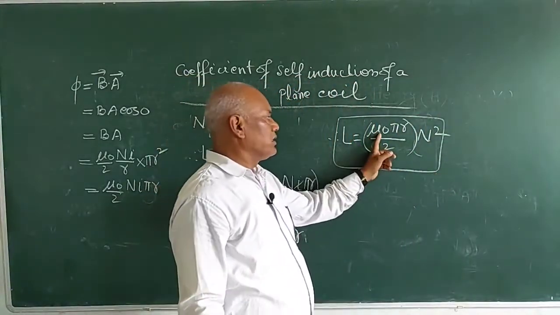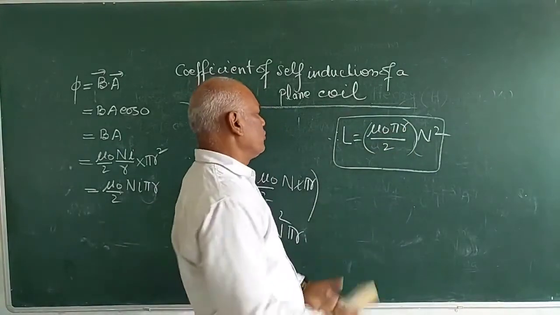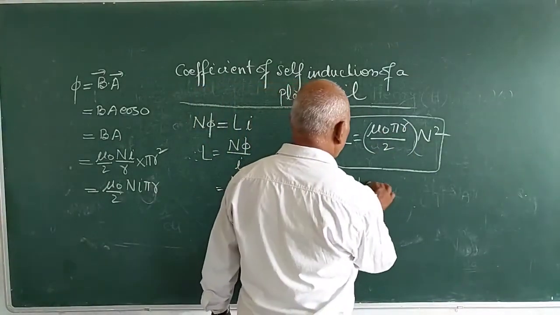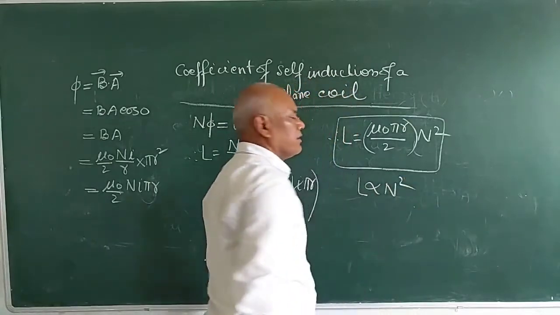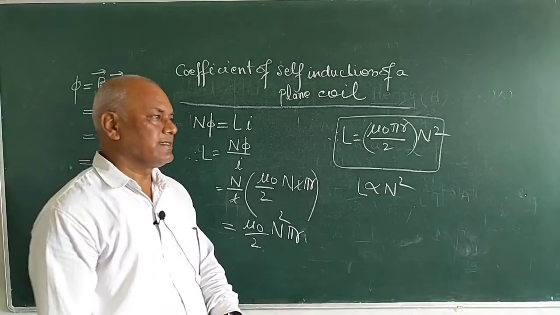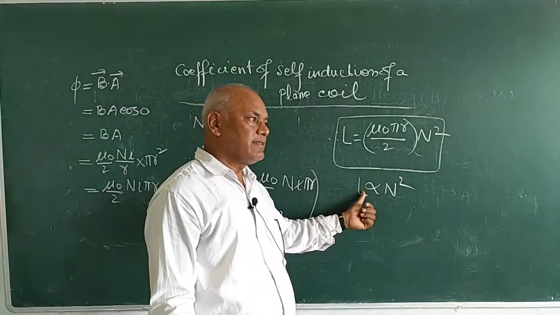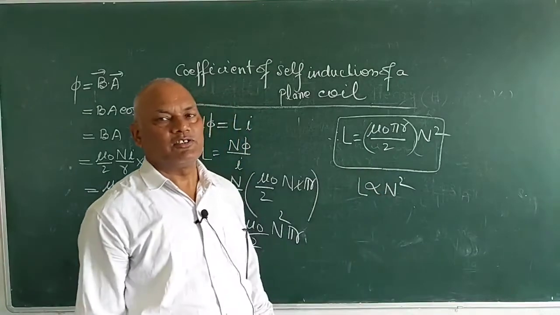Mu naught, pi, R and 2 are constant, so we can say L is proportional to N square. If number of turns in the coil increases, then coefficient of self-induction of the coil increases in proportion to its square.